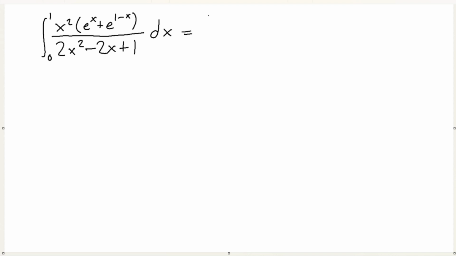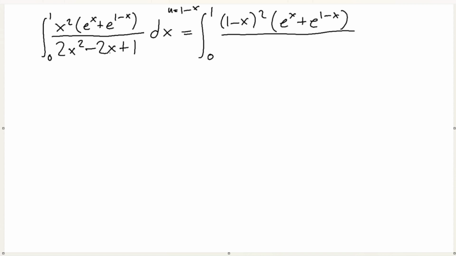If we do King's Rule, notice that if we do u equals 1 minus x, we get 1 minus x squared, e to the x plus e to the 1 minus x doesn't change, and the denominator doesn't change because, like I said, this is technically 1 minus x squared plus x squared. Of course, I see where this is going.